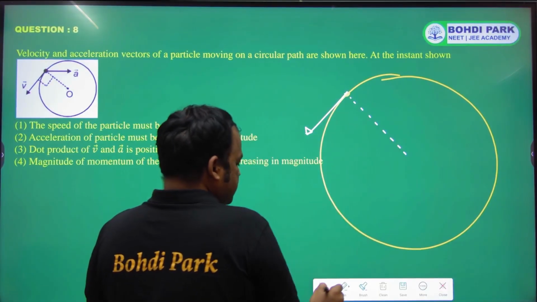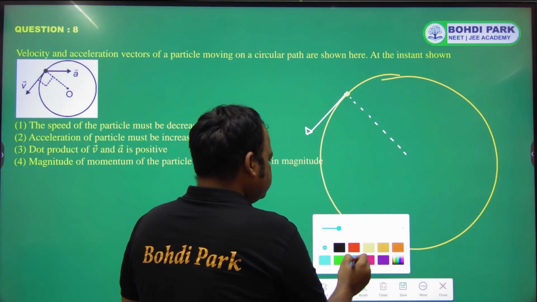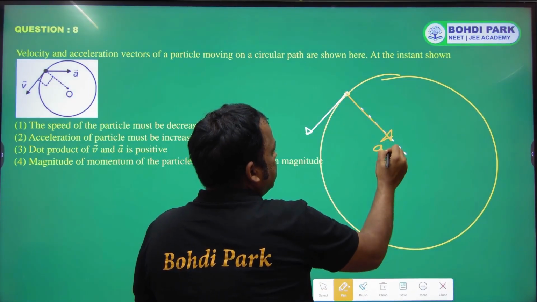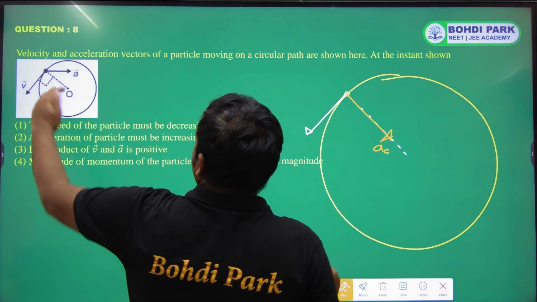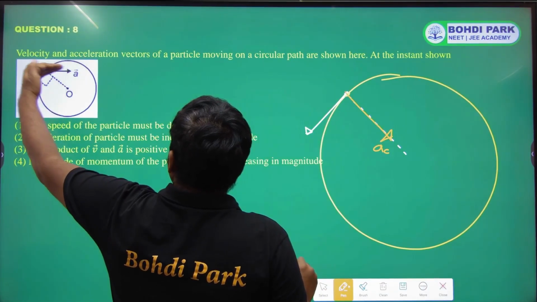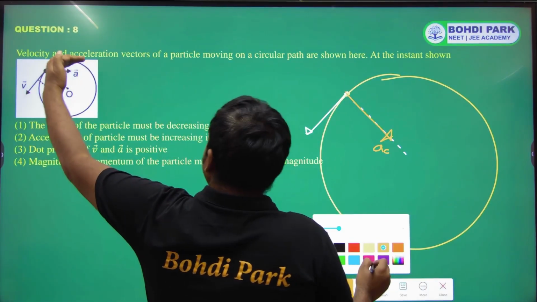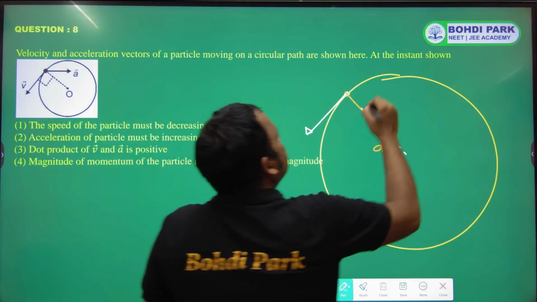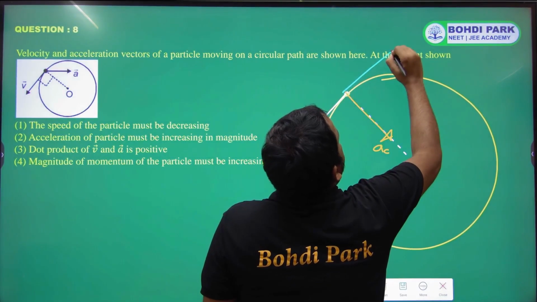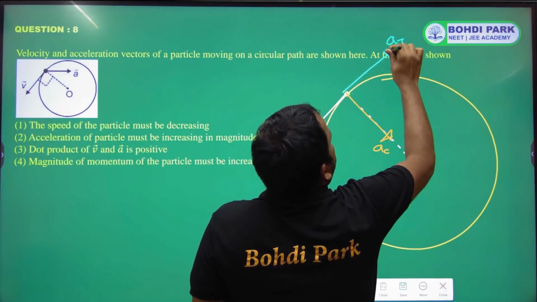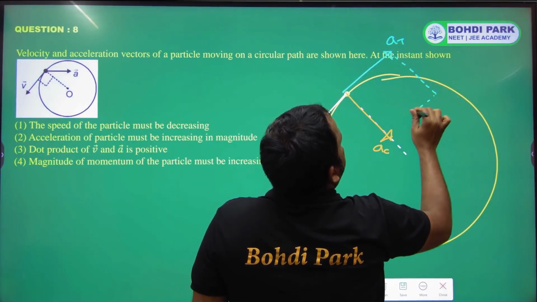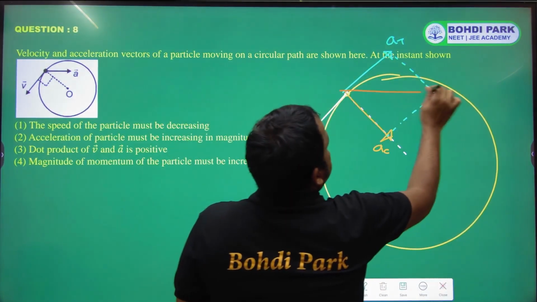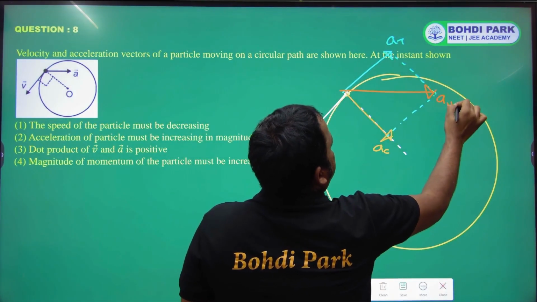So this will be the centripetal acceleration AC, but the resultant acceleration is given like this. So in this direction. So we have tangential acceleration in this direction. This is AT. So if we consider the parallelogram, we get resultant acceleration. This is the resultant acceleration, A net.